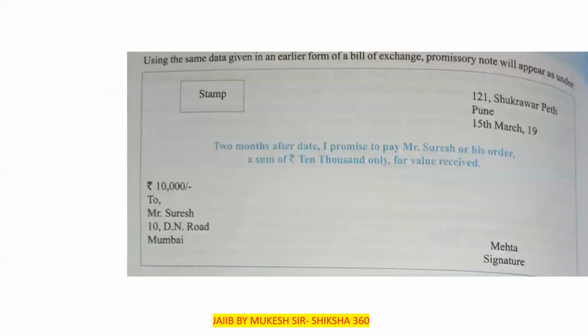Now let's discuss one example. Using the same data given in the earlier bill of exchange, the promissory note will appear as follows, under stamp. This is the name of the drawer or maker. In the previous case it was drawn by Mr. Suresh, who is going to receive the money, but here it is drawn by Mr. Mehta.